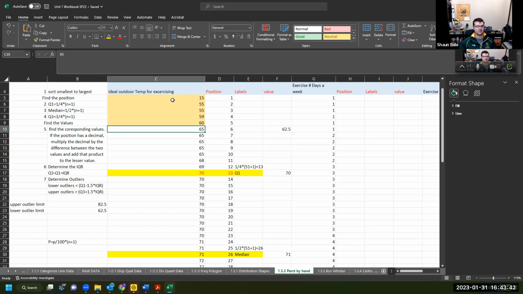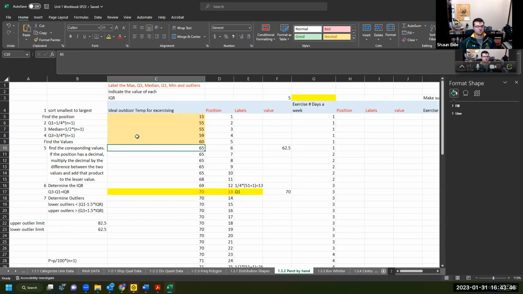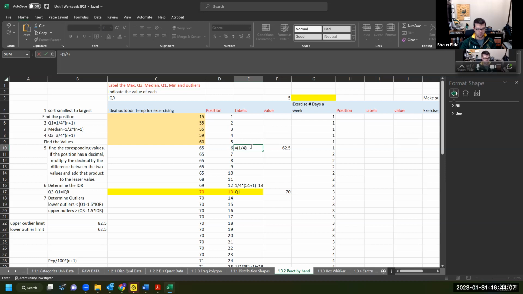I'm going to do just right here equals, well, let's do 0.25 because 0.25 is 1/4, or you can do equals 1 divided by 4 multiplied by n plus 1, so 51 plus 1.